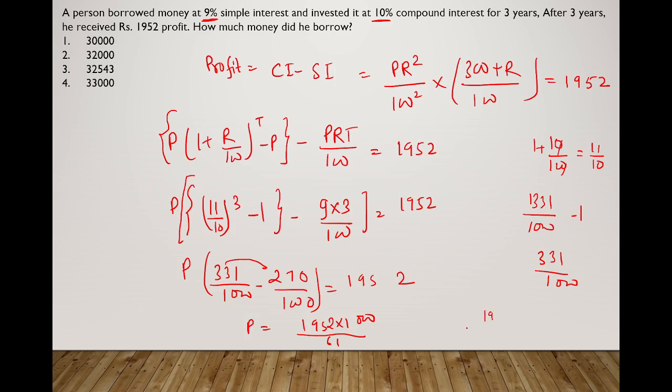Let's see, 3 times, maybe 3 times. 3 times 61 is 183. It is divisible by 3 times, and how much is left? 7, 12. So this is 2 times. 61 times 32. So this becomes 32, the number. The second is the right answer.